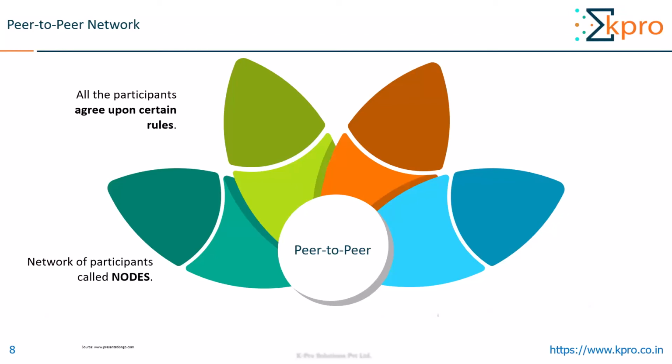All the participating nodes enjoy equal power, and every node in the network is connected to every other node. So this is what is meant by peer-to-peer. Since there is a connection between every node in the network, there is no need of any central authority.